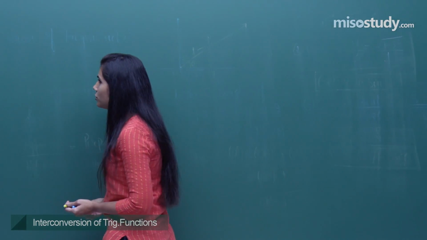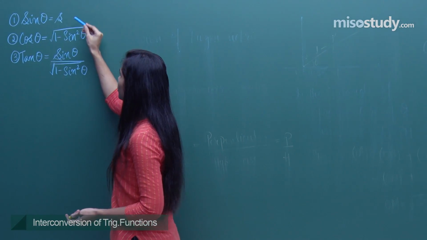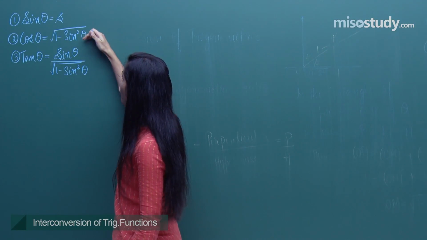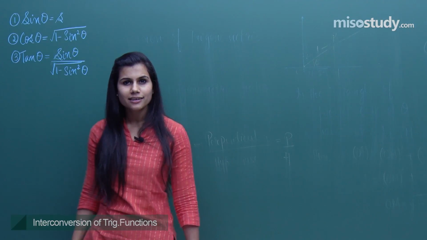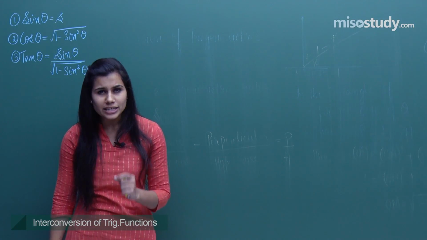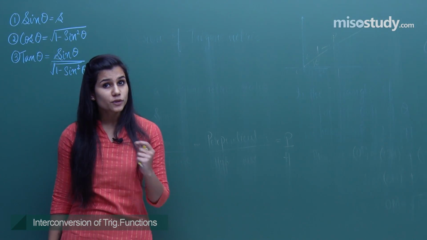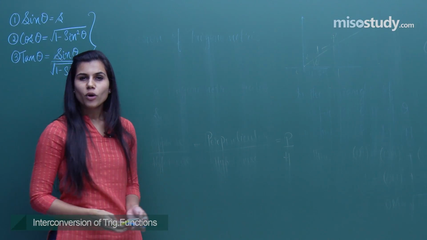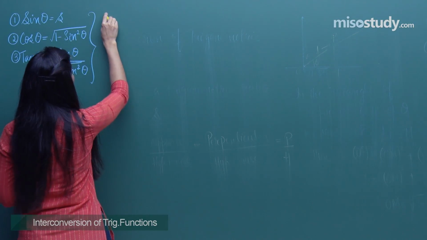And I told you that because sec, cosec and cot are nothing but the reciprocals of cos, sine and tan, it is very easy to obtain the reciprocal ratios in terms of sine just by using all these. What will be my cosec theta?